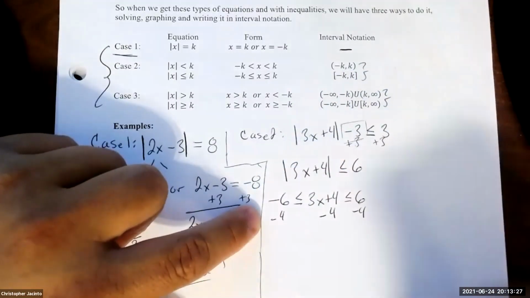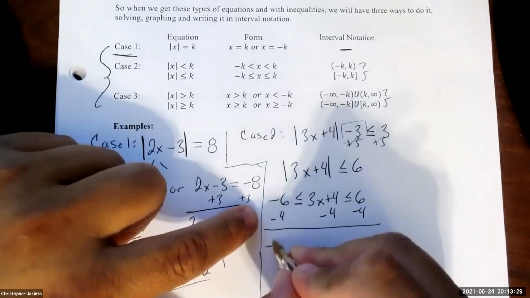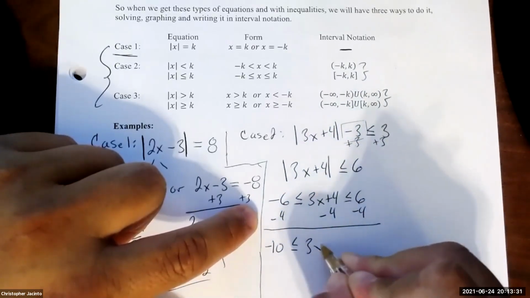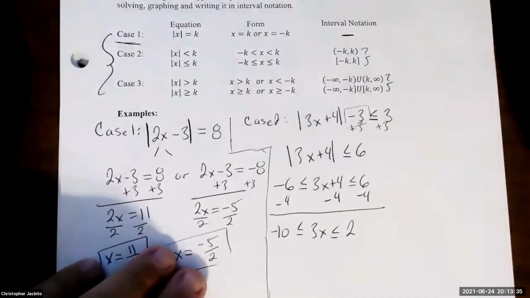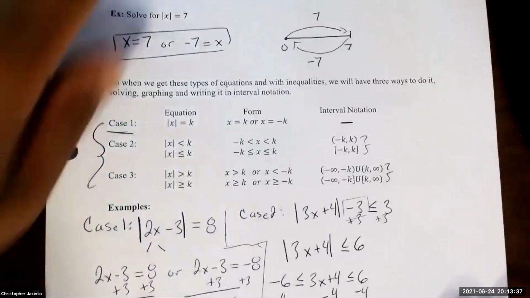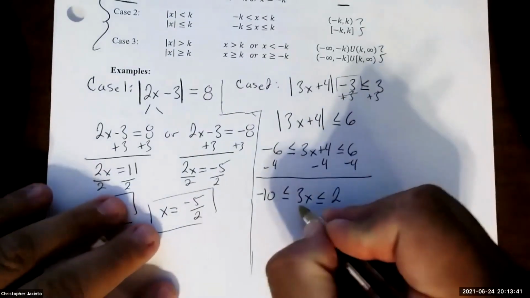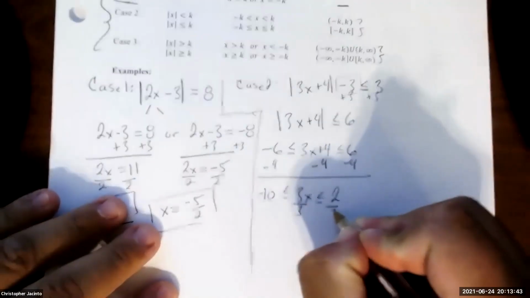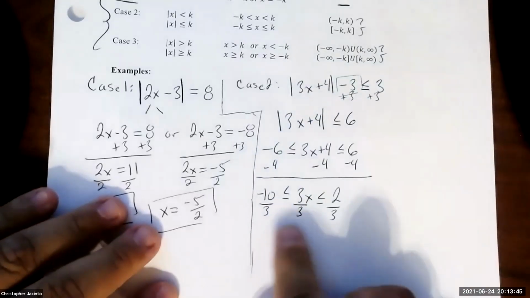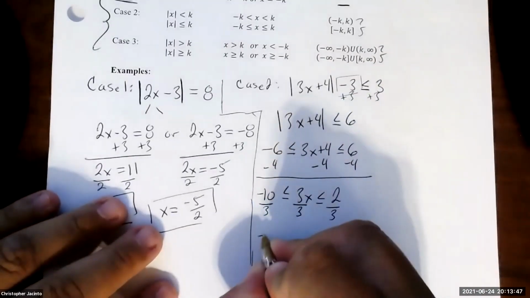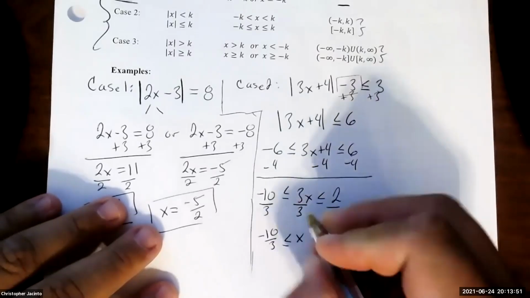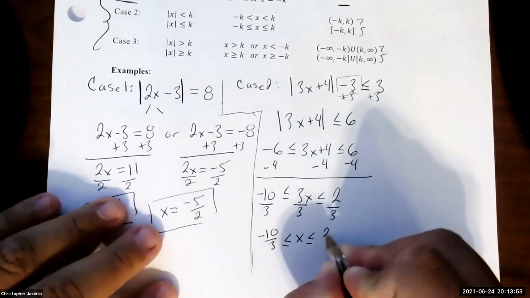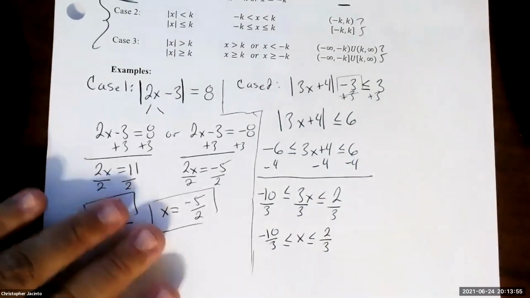So just do it to all three sides. And then lastly, divide by 3, again to all three sides, left, middle, and the right-hand side. Okay, and there we go.